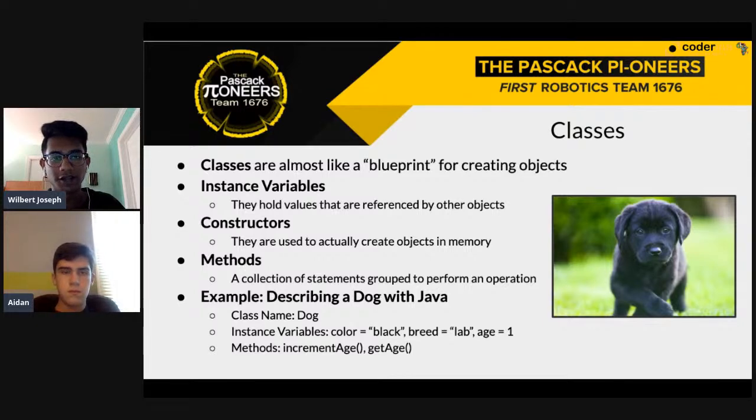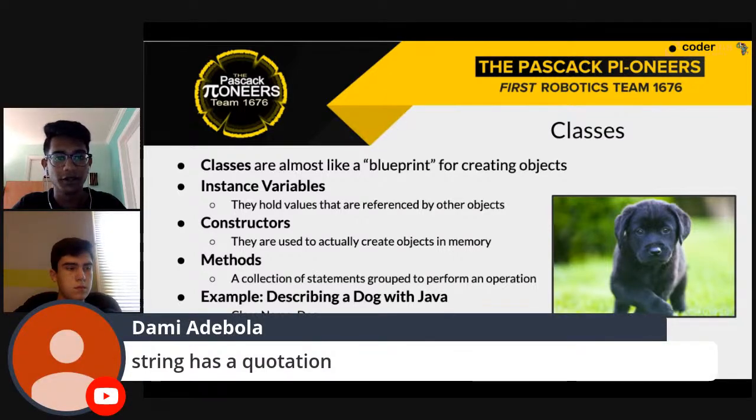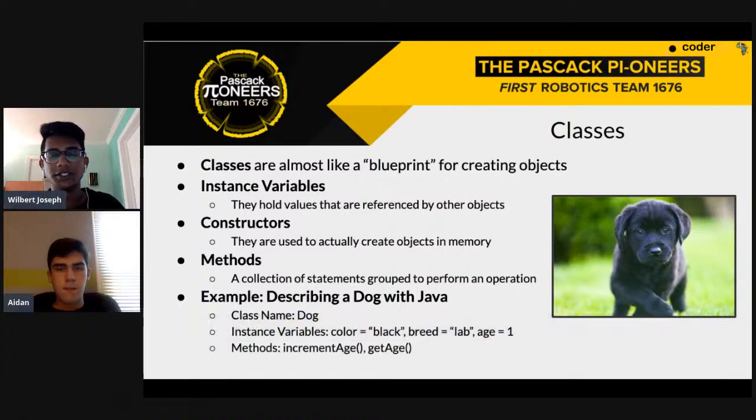In this case, the color would be black, and the color is denoted with double quotes, which one of you mentioned in the chat. Strings are denoted through double quotes, and that's how we know that what we're looking at is a string. The breed could be lab. In this case, it's a Labrador. And lastly, we have its age, which is just represented through a single integer, 1.